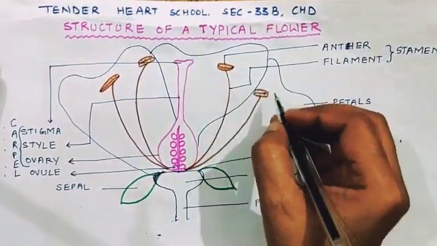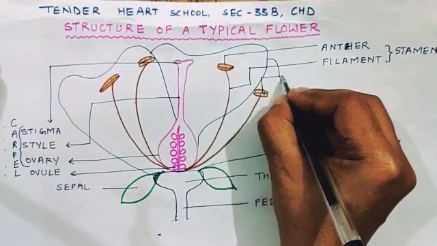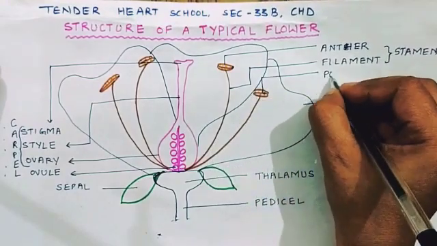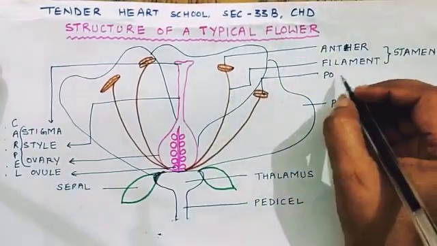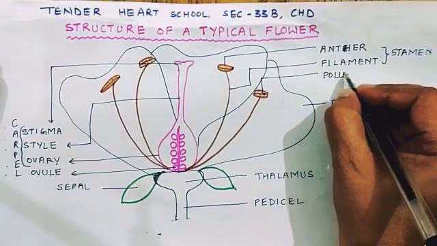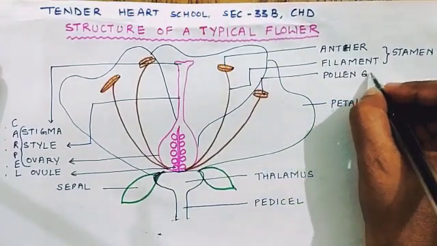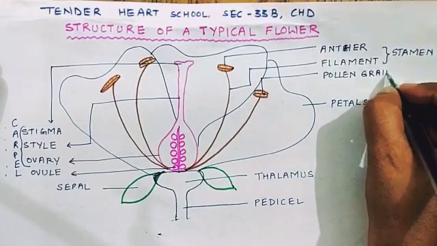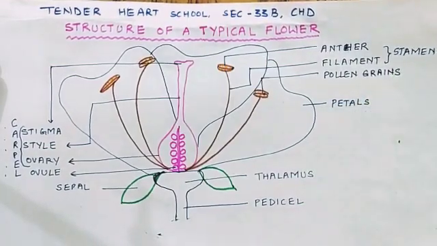Here you can also label pollen grains. So this is all about the structure of a typical flower, children.